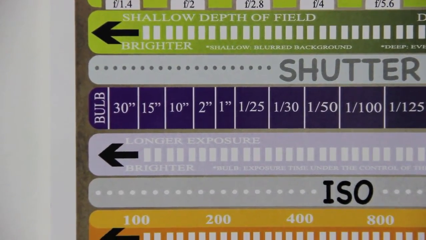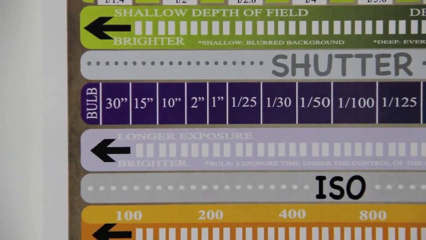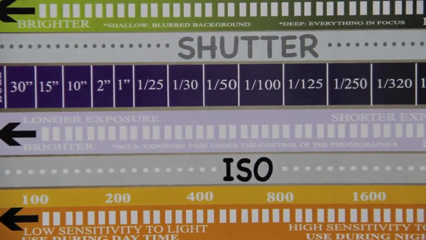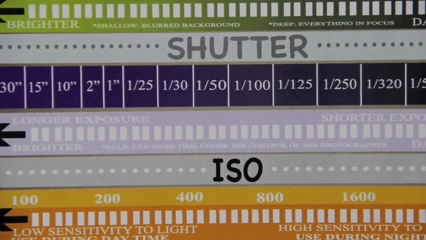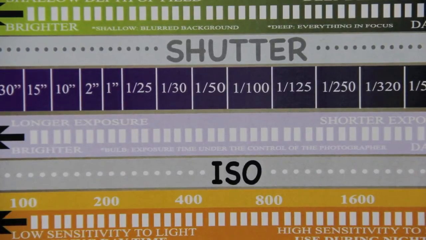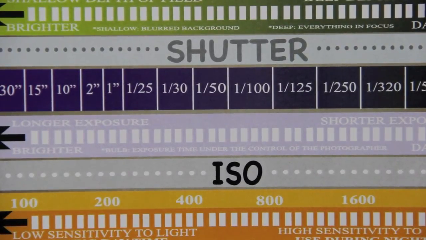If you're shooting at night, you want to be at like a 1/50. It's a longer exposure, which allows the shutter to be open to capture more light, more image.